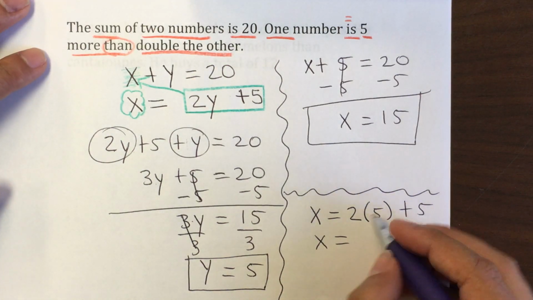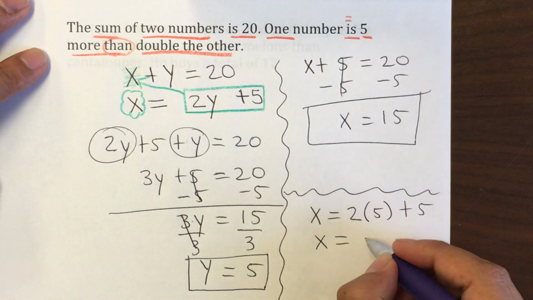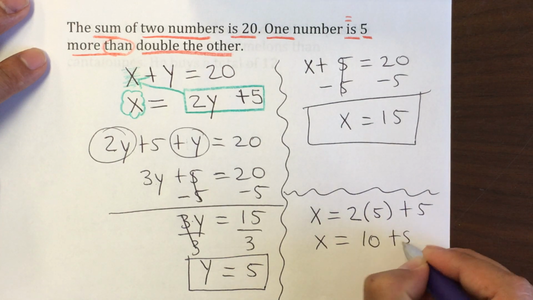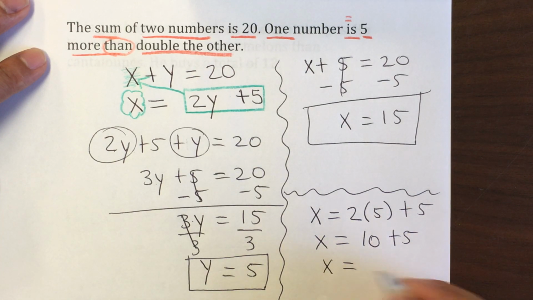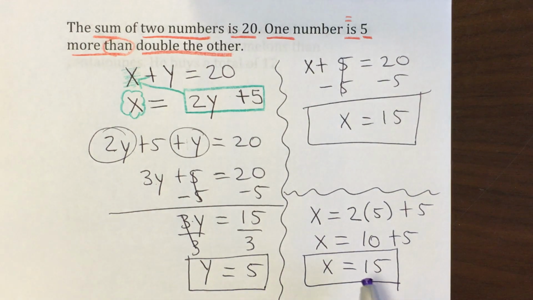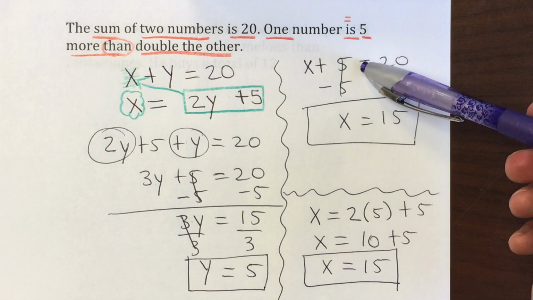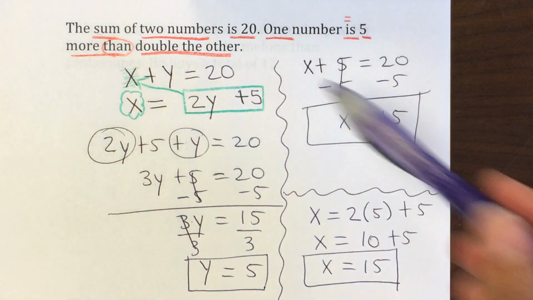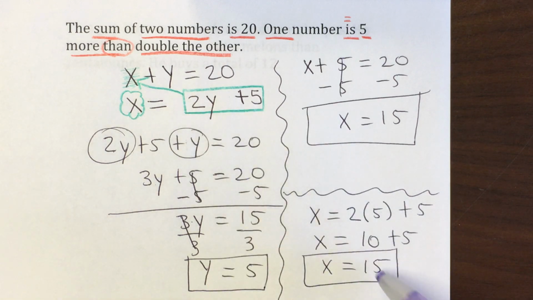So x is equal to 2 times 5 is 10 plus 5. So x is equal to 10 plus 5 is 15. If you notice, it doesn't matter. I used the first equation and I got 15 for x. I used the second equation and I got 15 for x. Okay, so my two numbers are y is 5, x is 15.